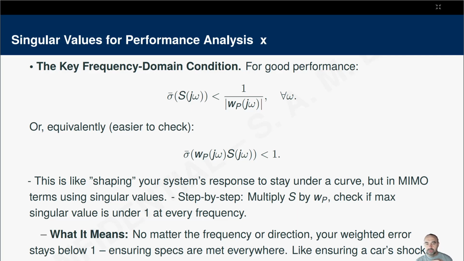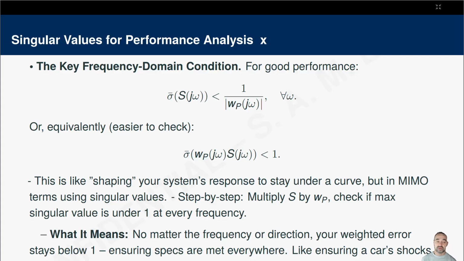And then what you care about is to shape these singular values. You want to make sure that the singular values are essentially in the range they have to be. And this should be independent of what direction the command comes in, no matter what frequency.